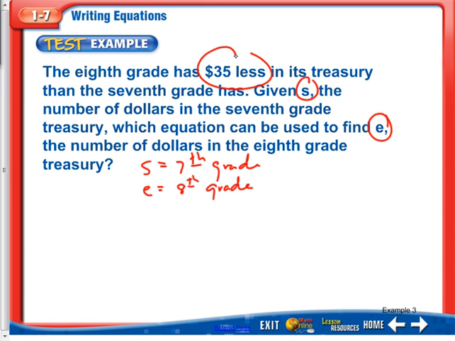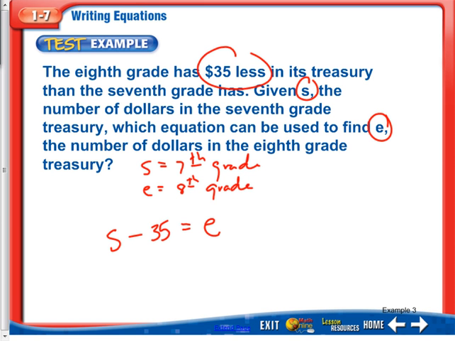So we need to make sure that our equation shows that 7th grade has more money and that 8th grade has less money. Okay, we have to make sure that it looks like that when we are done. So to do that, I'm going to say that my 7th grade minus $35 is equal to my 8th grade.